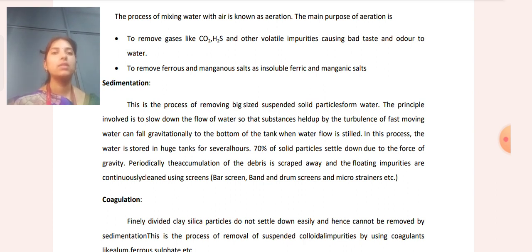In this process, the water is stored in a huge tank for several hours. 70% of solid particles settle down due to the force of gravity. Periodically, the accumulated debris is scraped away and the floating impurities are continuously cleaned using screens, bar screens, band and drum screens and microstrainers.